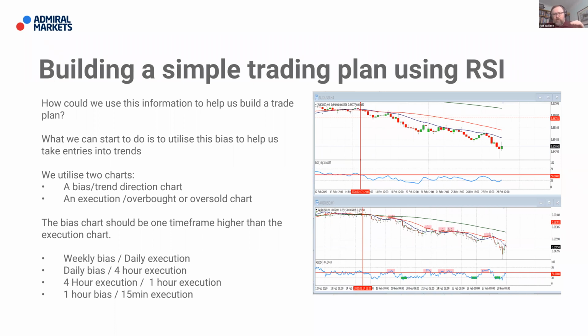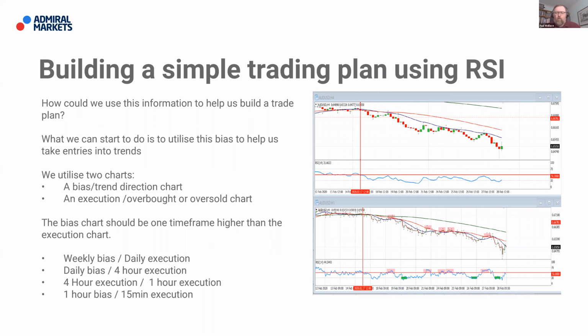So we're using the higher time frame chart to give us a bias, to give us trend direction. Once we've identified that, if there is a trend, and sometimes there isn't, we can utilize that to identify the bias, and then we move down to a lower time frame to give us the opportunity for an execution, which is what we're going to explain how to do in the next few slides. It doesn't really matter what you're trading.